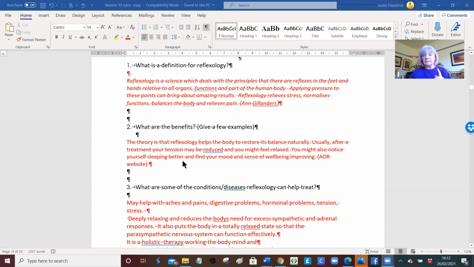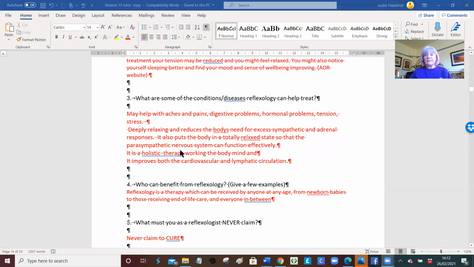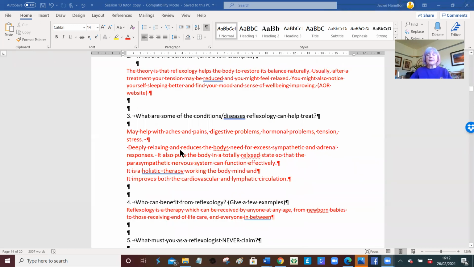So something like that. What are the benefits? What are some of the conditions that reflexology can help? Well, it can help with aches and pains, digestive problems, tension and stress. Because it deeply relaxes the body, it helps the parasympathetic nervous system to come down, because the sympathetic one and the adrenal system is going, go, go, go, go.